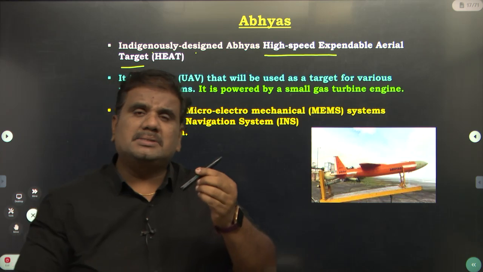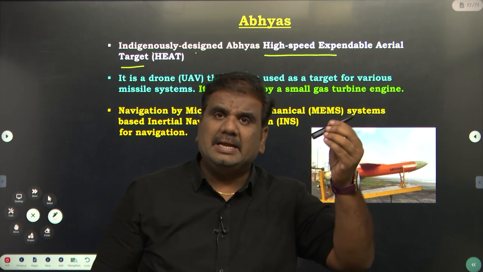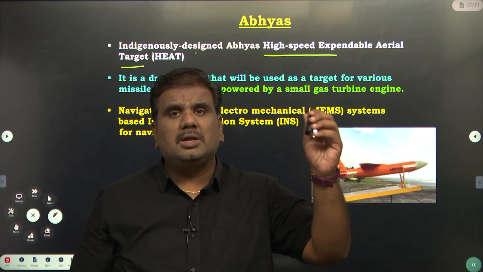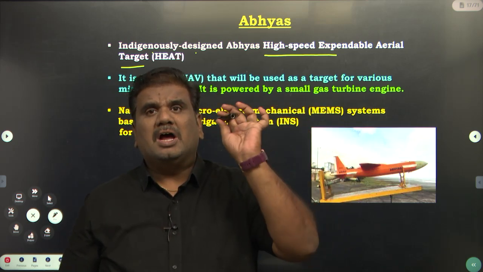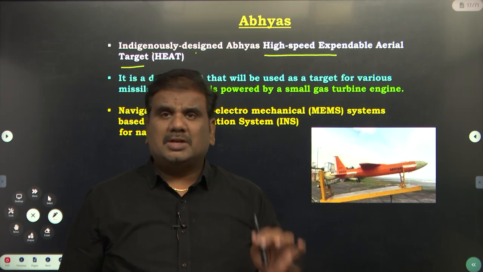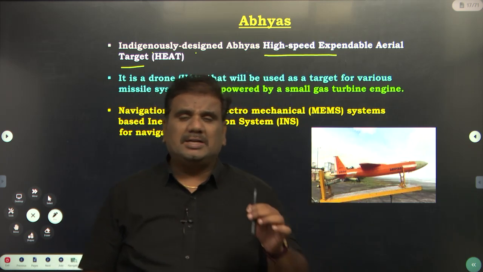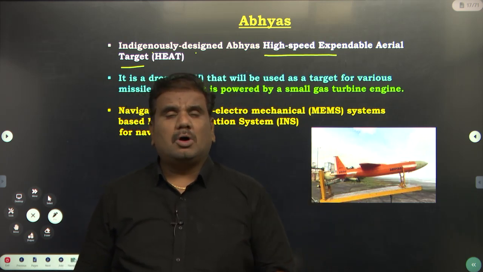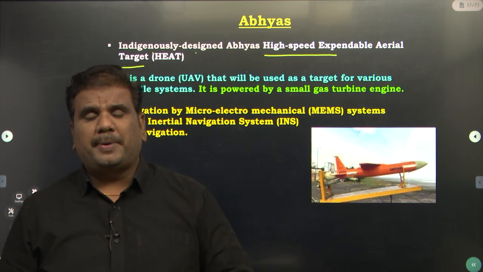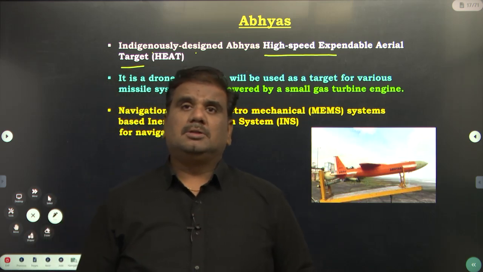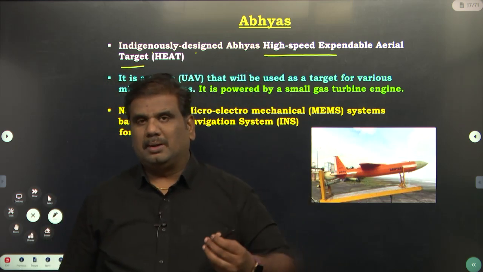Now this missile needs to hit a target which is moving in air. So definitely we need to have a pseudo target. We cannot use real fighter planes because they involve thousands of crores of rupees, at the same time the cost of human life.